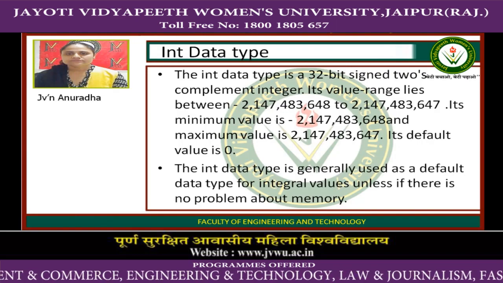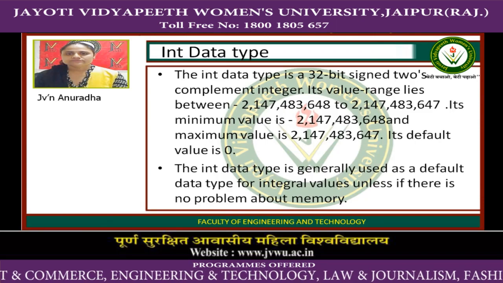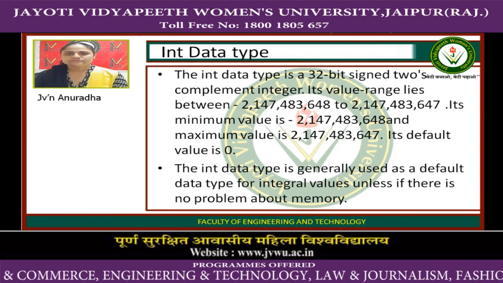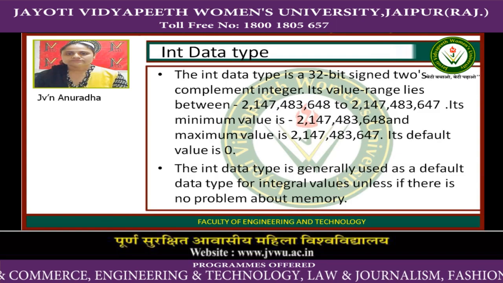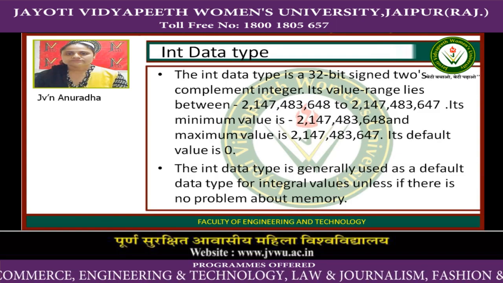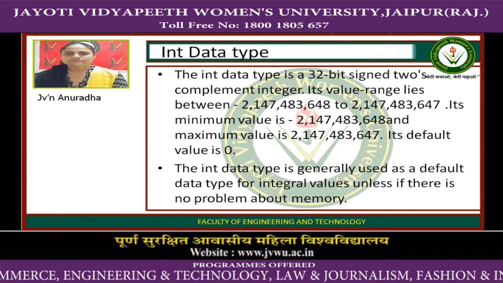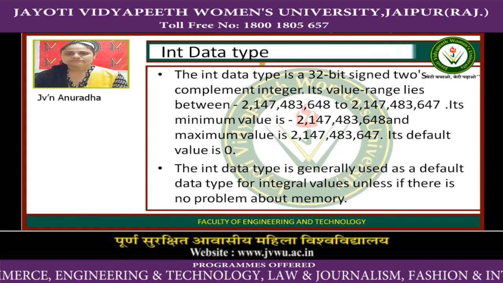Its default value is 0. Integer is generally used as the default data type for integral values unless there is a concern about memory. It means for integral values unless there is no problem about memory.